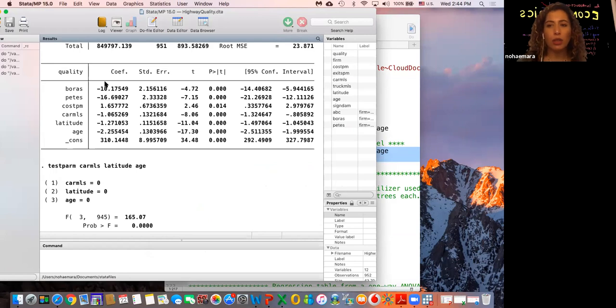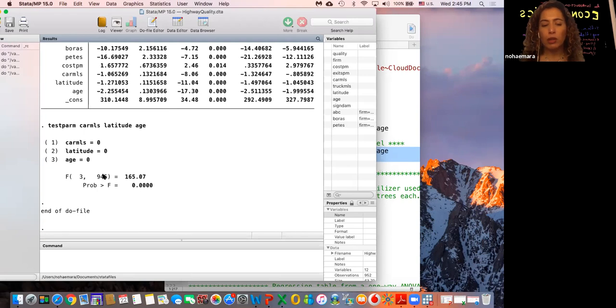What you cannot see is the restricted model, which is done in the background of Stata, where they remove these variables, and the restricted model is a model where quality is regressed on the remaining variables and a constant term, and that's it. So this F is computed based on the restricted versus the unrestricted model, but you cannot see it; this is the output that you get.